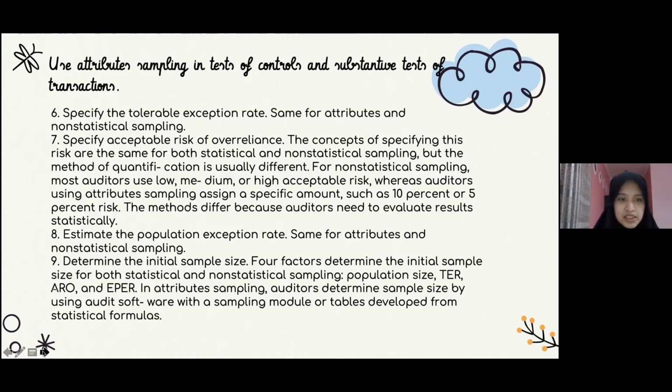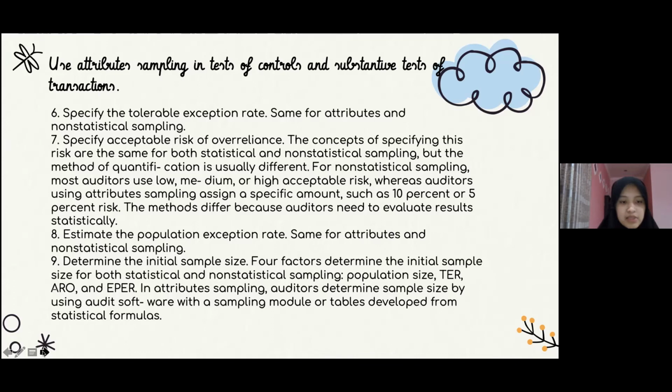For non-statistical sampling, most auditors use low, medium, or high acceptable risk, whereas auditors using attribute sampling assign a specific amount such as 10% or 5% risk. The methods differ because the auditors need to evaluate results statistically. 8, estimate the population exception rate. Same for attribute and non-statistical sampling.